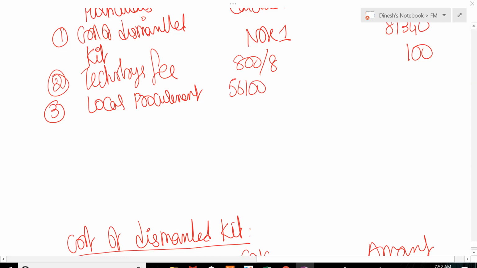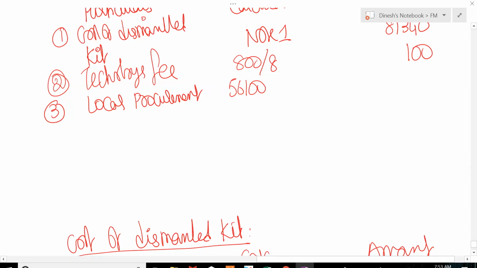56,100. What profit margin does it include? 25% on cost. 1 by 4 on cost is 1 by 5 on sales. For the other company, 56,100 is the selling price.